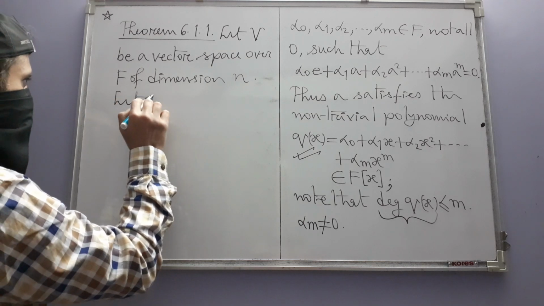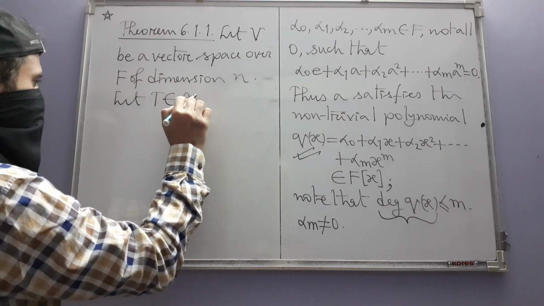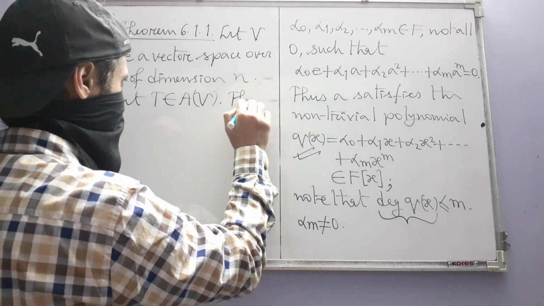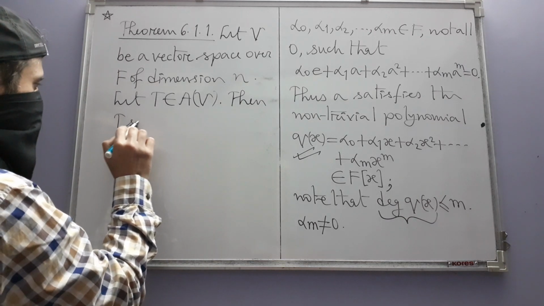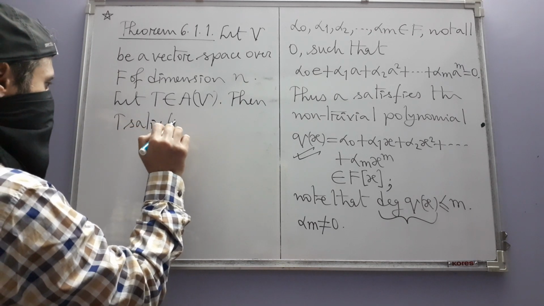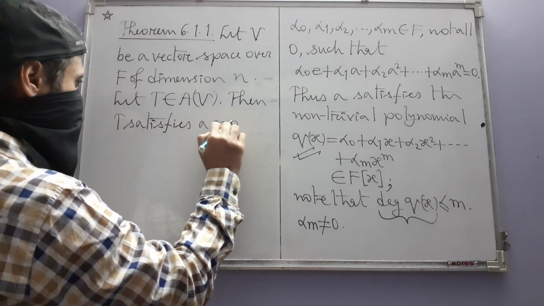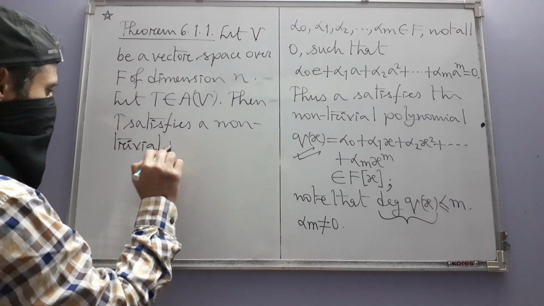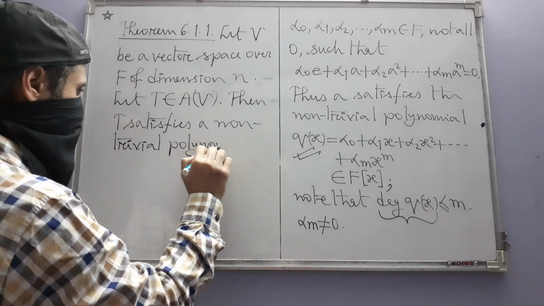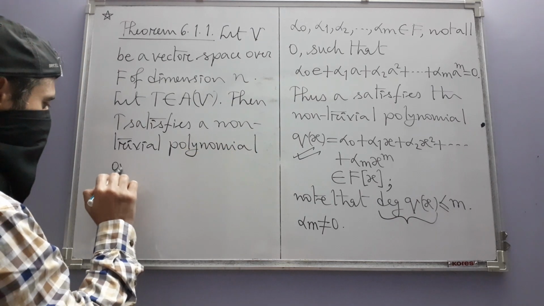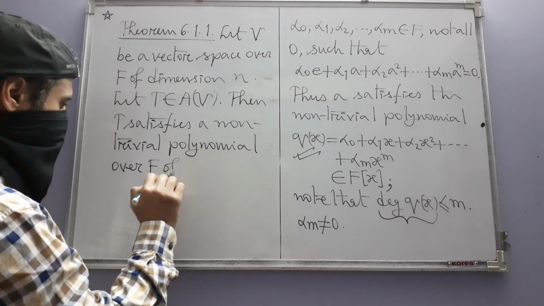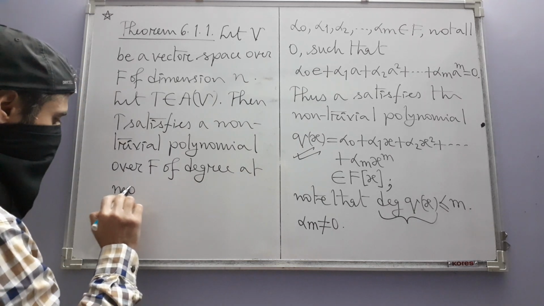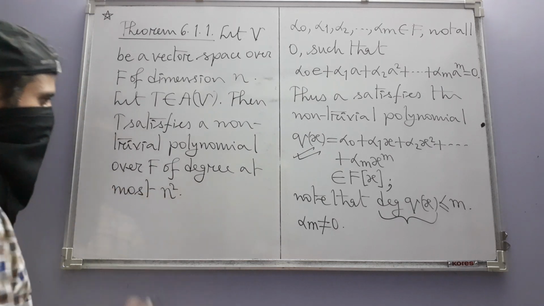Let T be an element in A of V. Then T satisfies a non-trivial polynomial over F of degree at most n square.